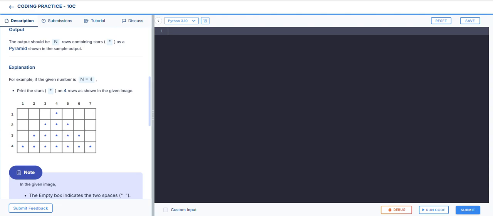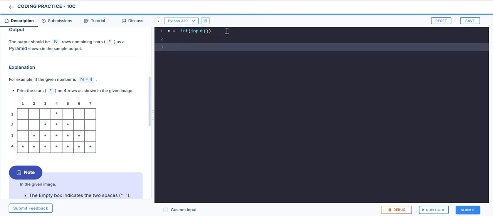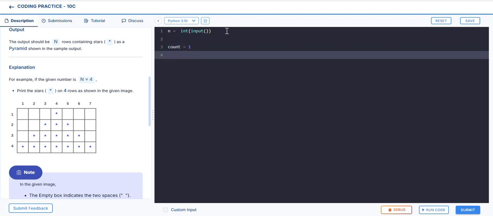First take input as n equal to int of input, and what I said is take another variable count, initialize with 1, because we have to add for 0.